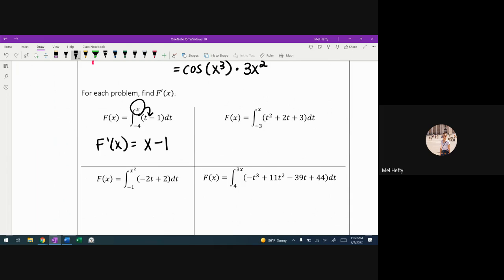What? This guy? That's the name of the function, and we're finding f prime. Because that's what they named him. How gross. Ooh, arc?